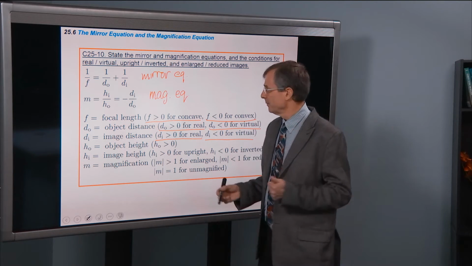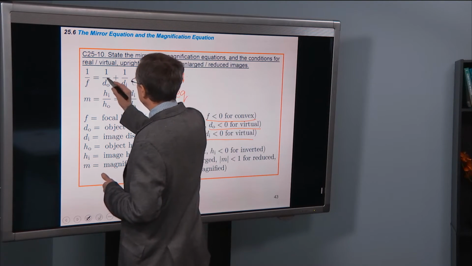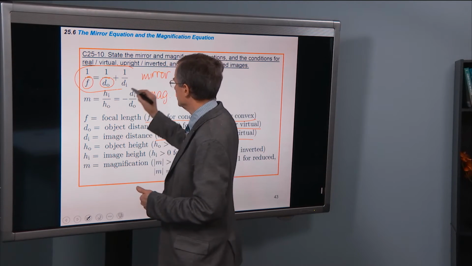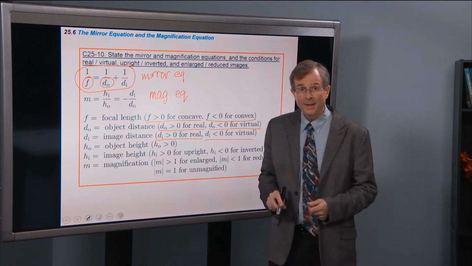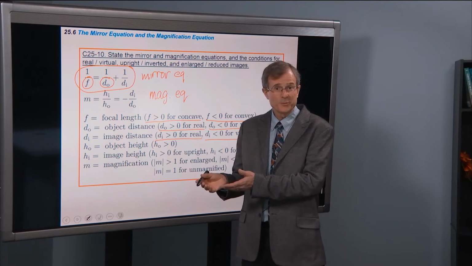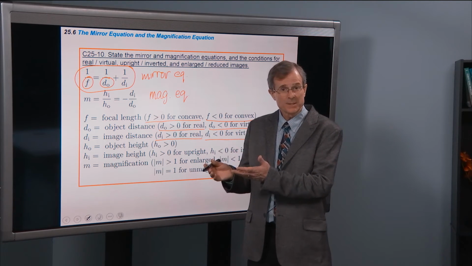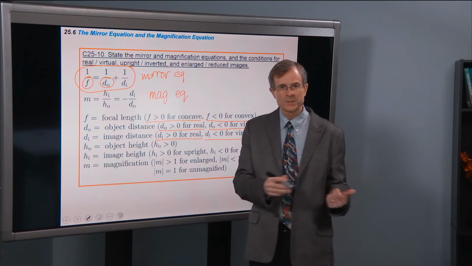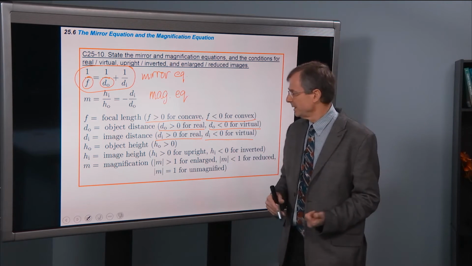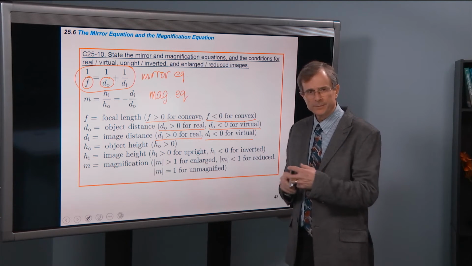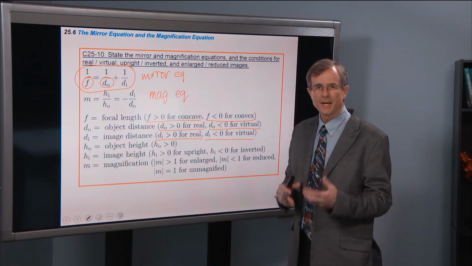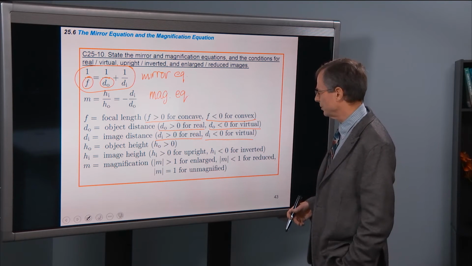If you have the object distance and the focal length, you can solve this equation for d i. And once you have a value for d i, if it's positive, you know that the image is going to be real. If it's negative, the image is virtual. So that's the mathematical way for finding out about real versus virtual.